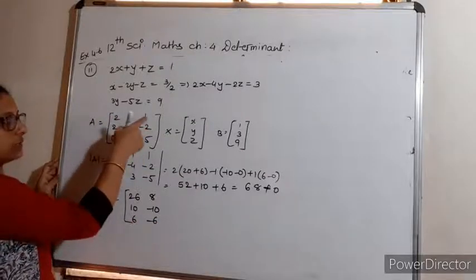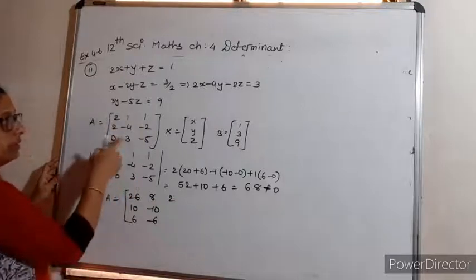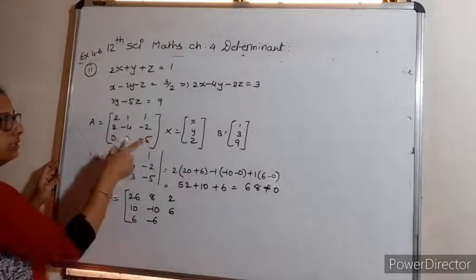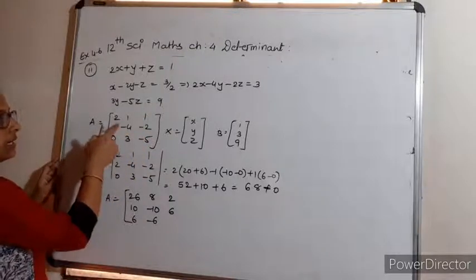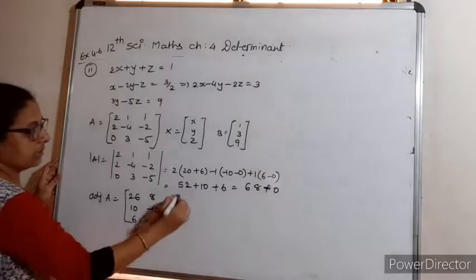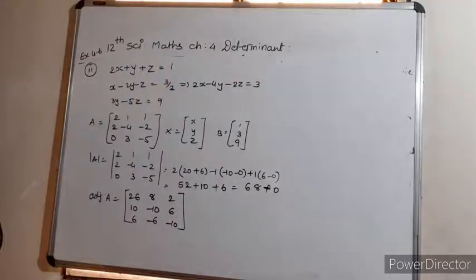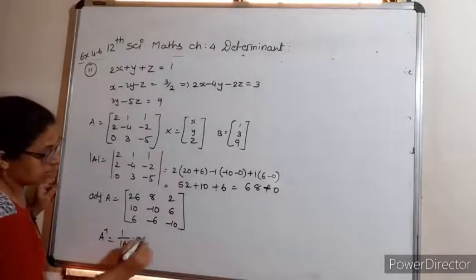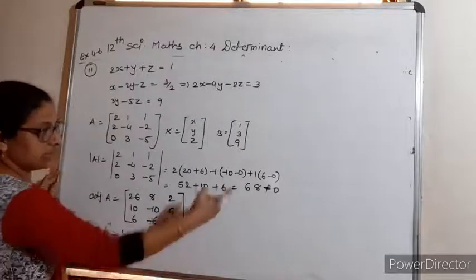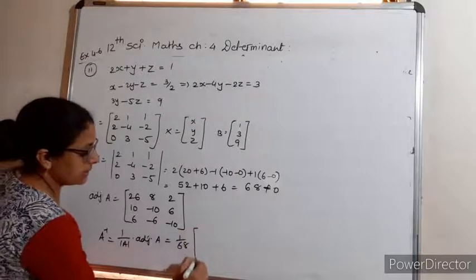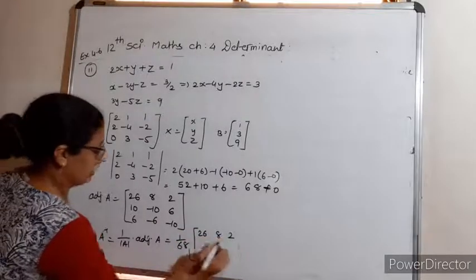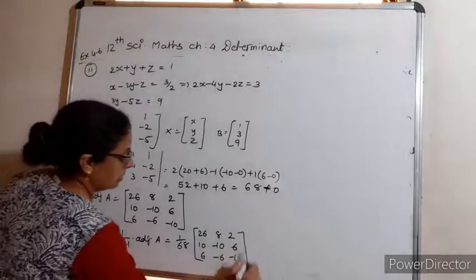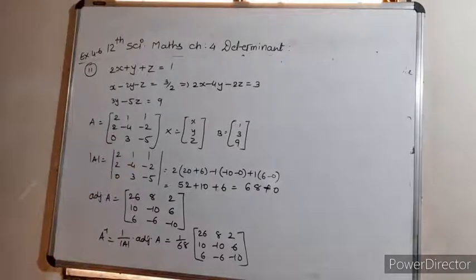Minus 2 plus 4, 2. Here minus 4 minus 2 minus 6, change the sign. Minus 8 minus 2 minus 10. This is adjoint. So now we'll find A inverse is 1 upon 68. This we leave as it is.